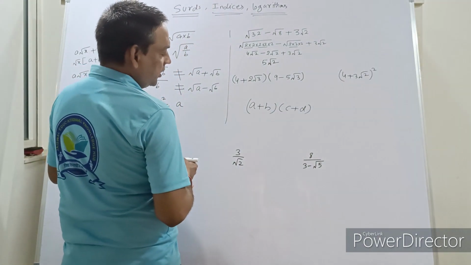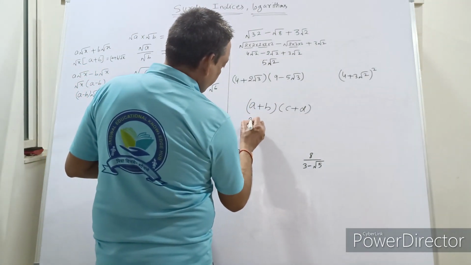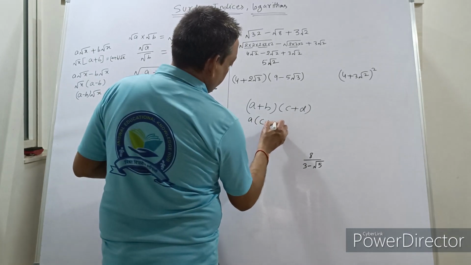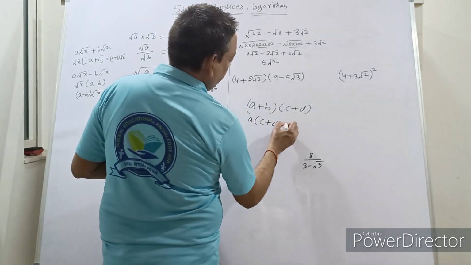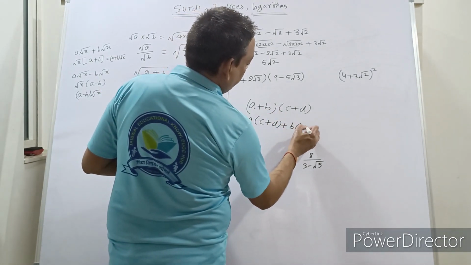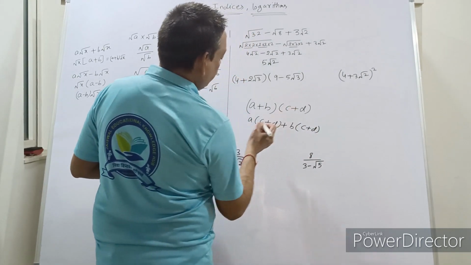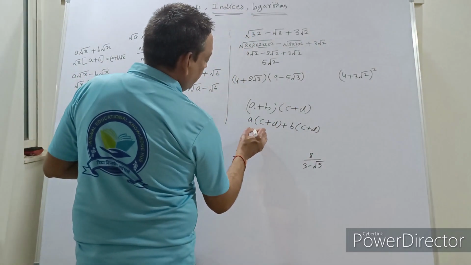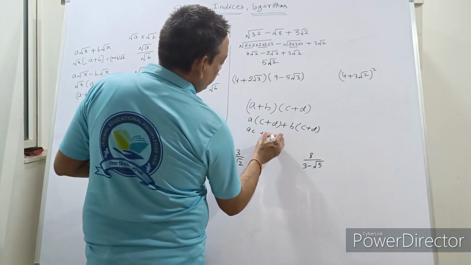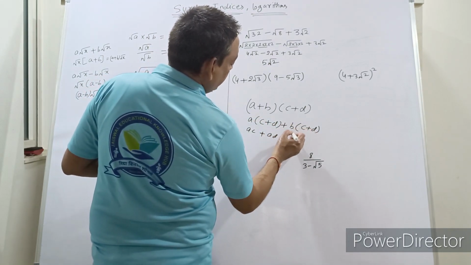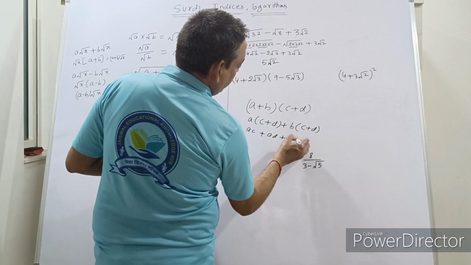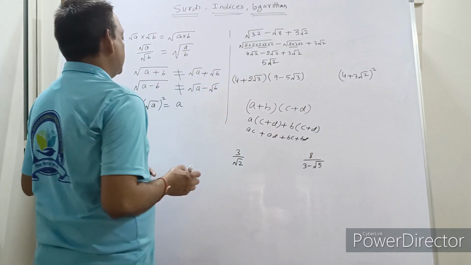So what we do here, we take the first term and multiply it by the second bracket, and we take the second term and multiply it by the second bracket. Then we multiply a into c, then a into d, then same way here, b into c plus b into d.